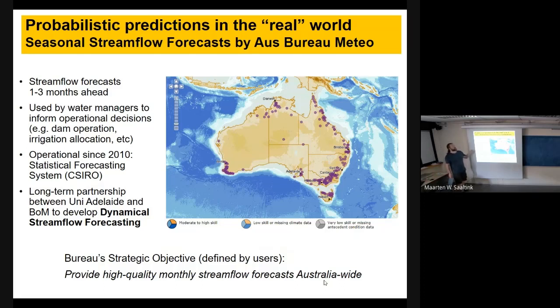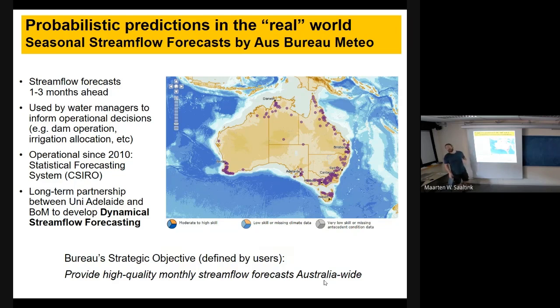This is some of the context of our collaboration with the Bureau of Hydrology in Australia. The Bureau is Australia's main government agency that deals with water across the country. They produce a number of different products, including streamflow forecasts at a range of timescales, in real time, up to months and seasons ahead.